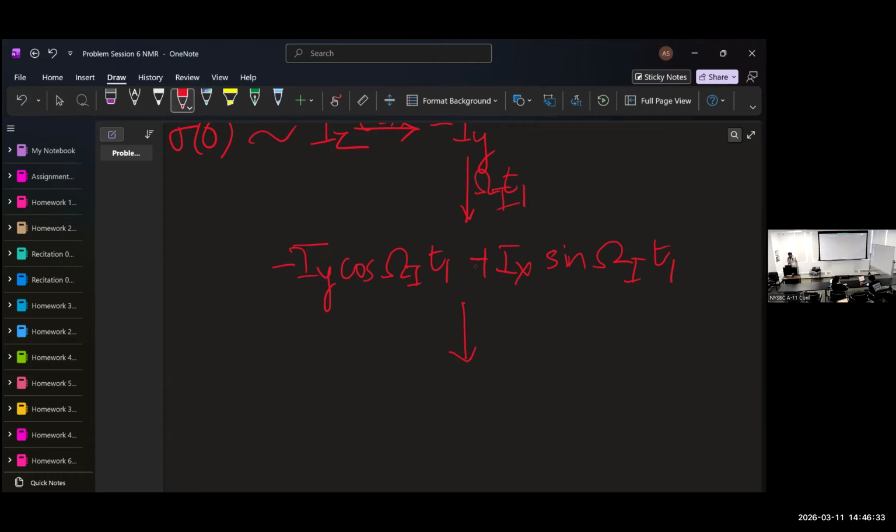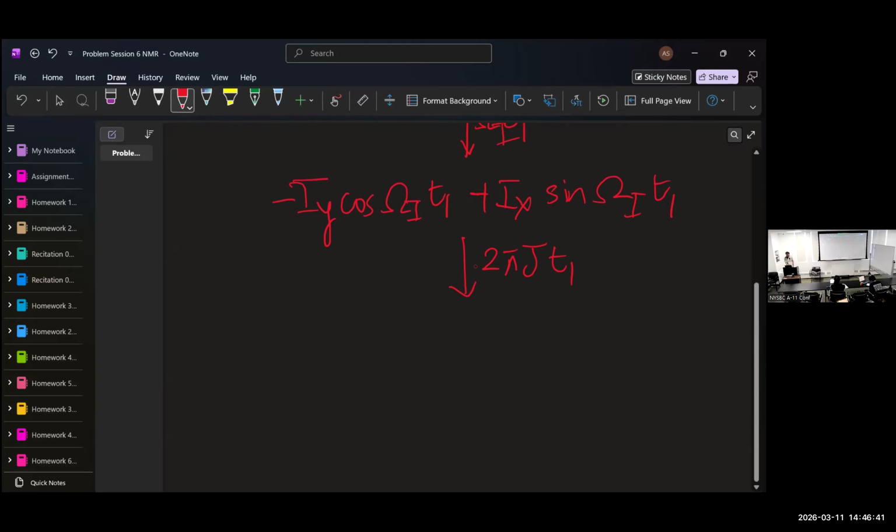Then we said you have the J coupling. So what are the four terms that will be produced at the end of t1?